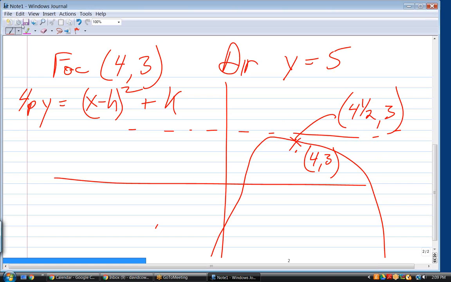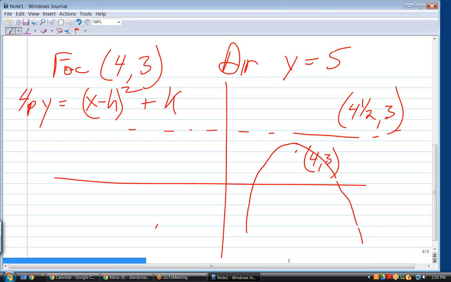Okay, so let me draw this thing a little bit more accurately. Now we have the parabola that has a vertex at (4, 4.5), has a focus at (4, 3), and has a directrix outside the parabola, which it always is, at y equals 5.